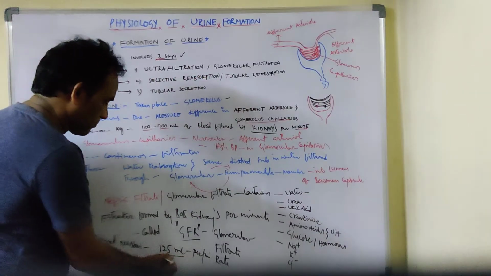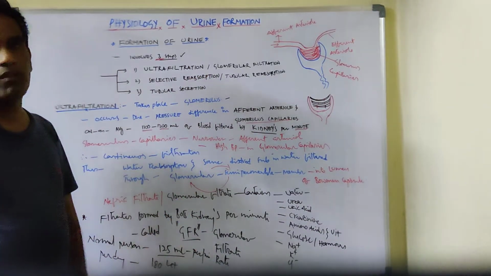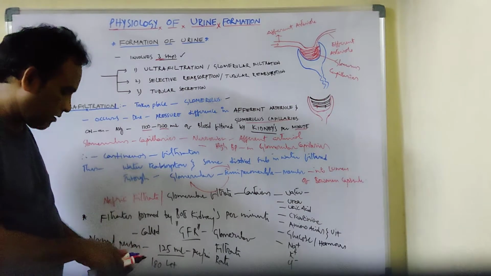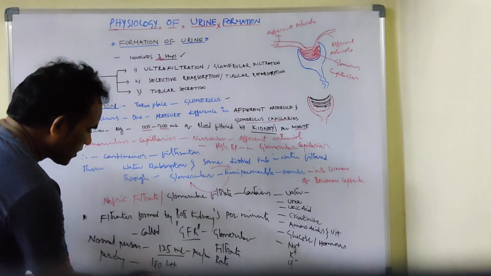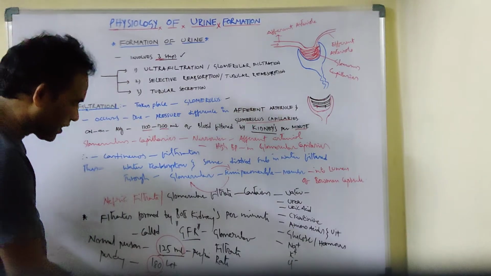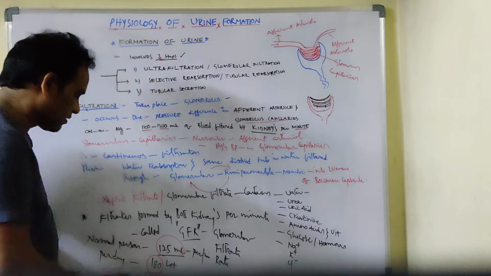So glomerular filtrate rate per minute is 125 ml, and per day 180 liters. This is very important. So 125 ml per minute, 180 liters per day. Hope you all understand this.